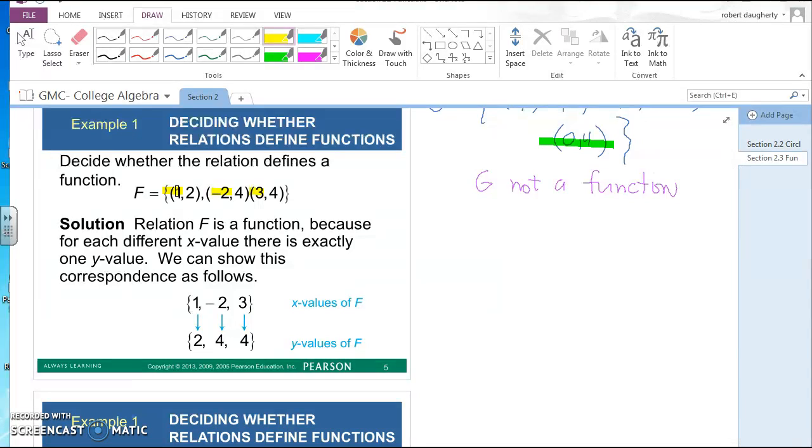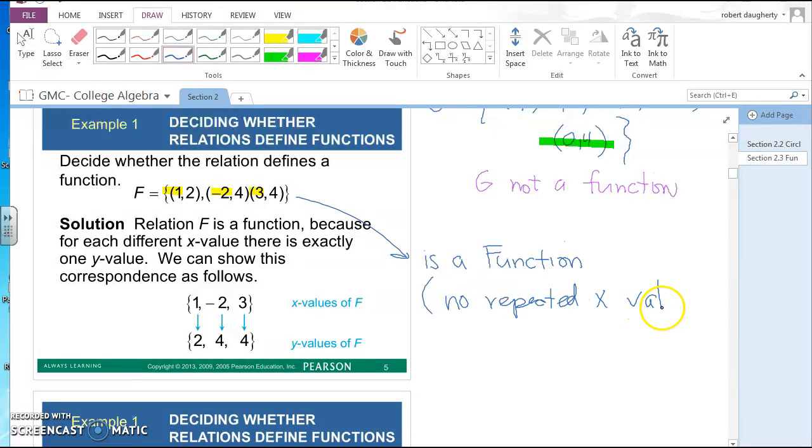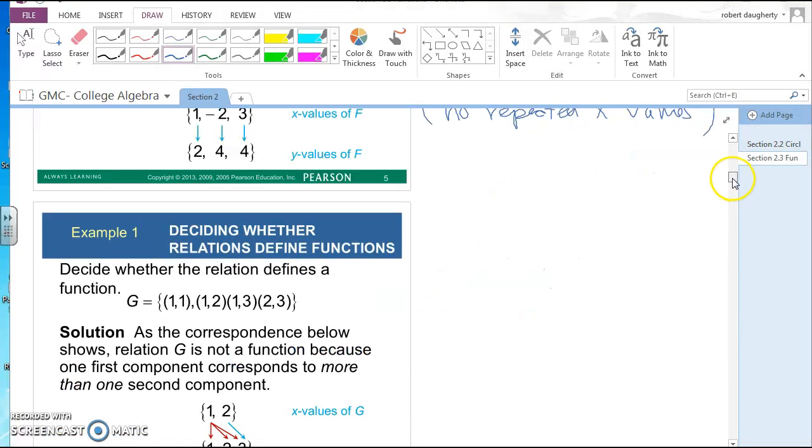So this tells me f is a function. The reason I know that is there are no repeated x values. Because to get two different y values back, I would have to have the same x value repeated, and I don't see that. So f is a function in that case.